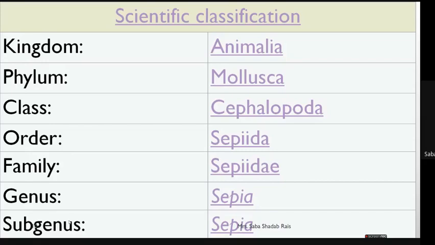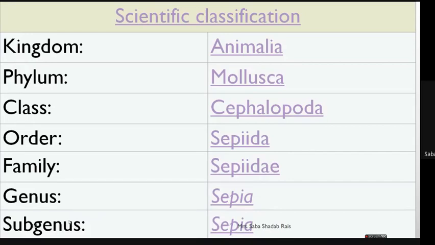The next is the order Sepiida. Order names most of the time end with A, and family names with AE. The family is Sepiidae, the genus is Sepia, and the subgenus is also Sepia. Other genera are also there, but here I have not taken those examples.